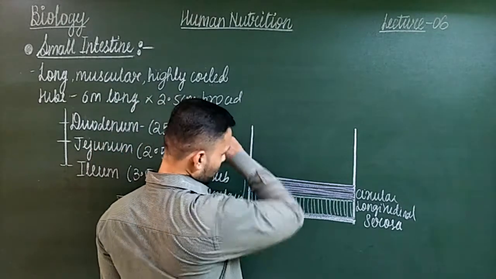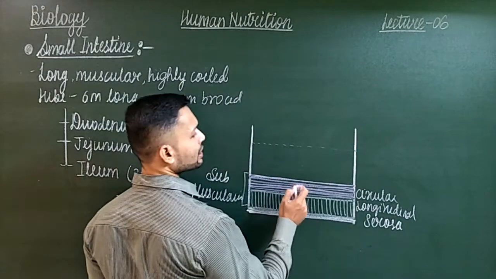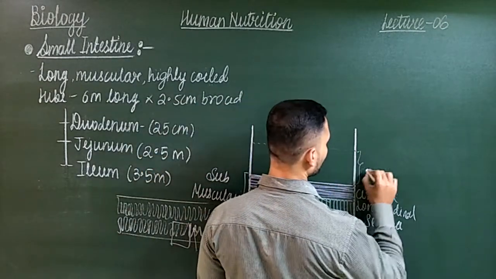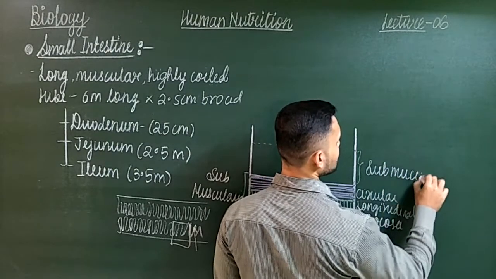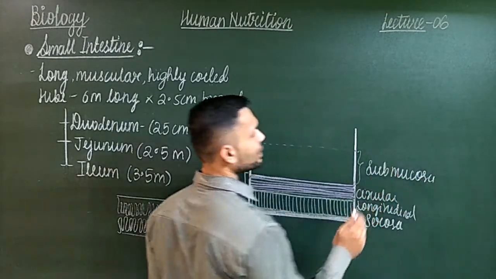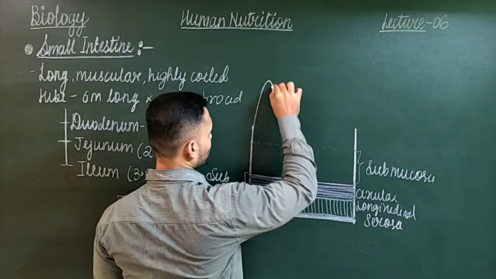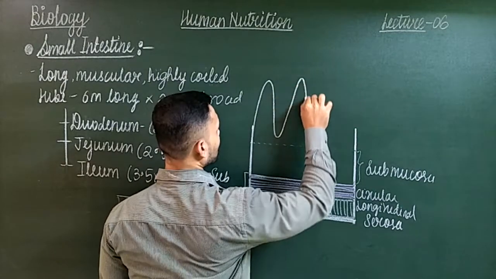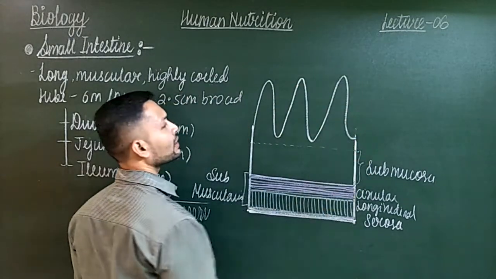Now this one is interesting. This region does not have a clear demarcation, but this is the submucosa, and the name itself gives you the meaning. Sub means below the mucosa layer, and the mucosa layer is actually thrown into finger-like projections, which I am drawing. These are the villi.